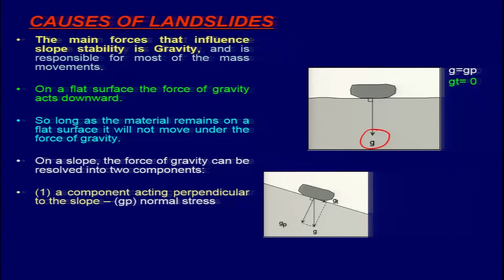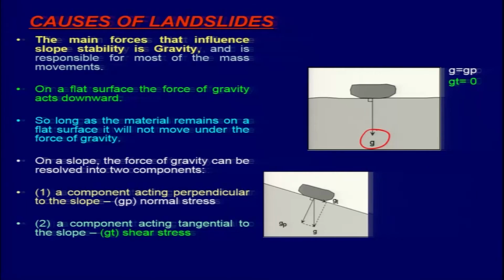So what we were looking at here, G is equal to Gp. That is your normal stress, and another one is your shear stress, which is acting tangentially to the slope. So this is your driving force.